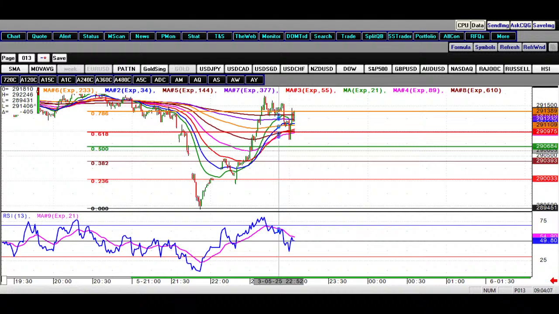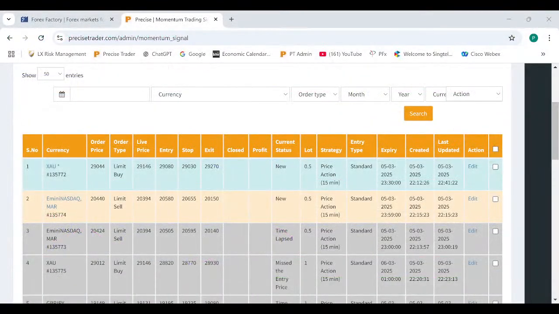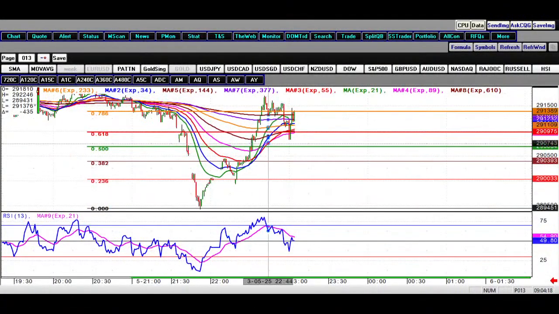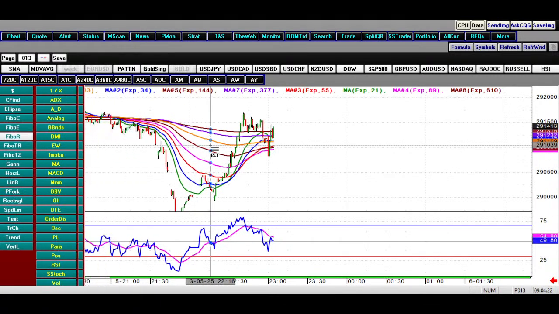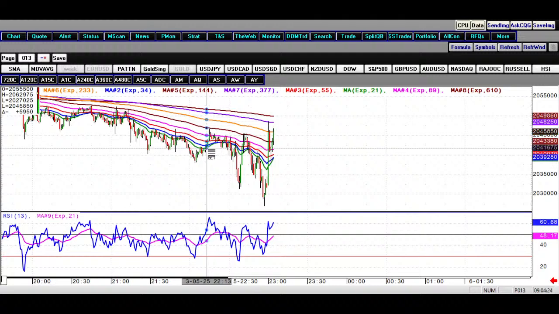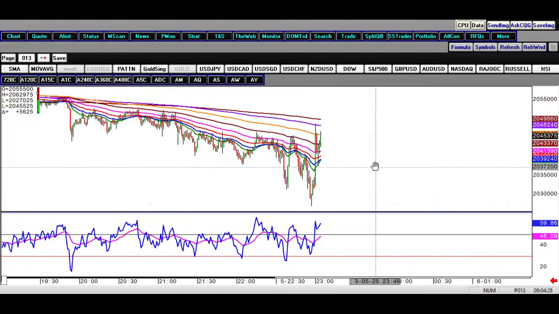Okay, so on the Nasdaq, I don't think we'll get a fill, because the market looks weak, but I'm not getting the entry point where I want it to be.